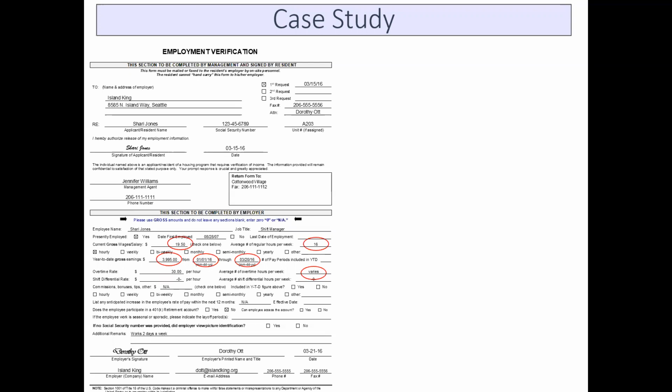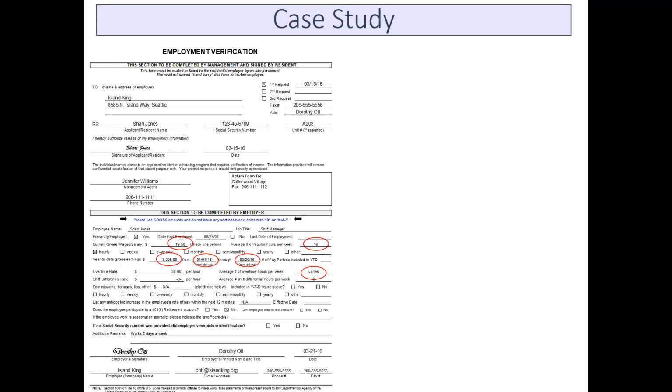If the blanks are for substantial information, like any of the information that's circled, you might want to go ahead and, depending on how you got the form, faxed or emailed to you, send it back and just ask them to please add the missing information, or you can do a phone clarification as well.